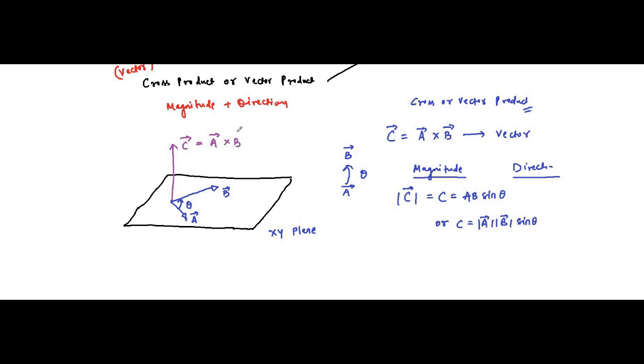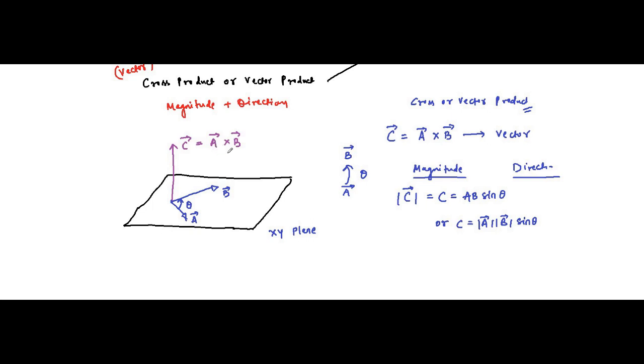Now here, whenever we are discussing a cross product or vector product, very much importance is placed on which vector comes first and which vector is second in the cross product operation.